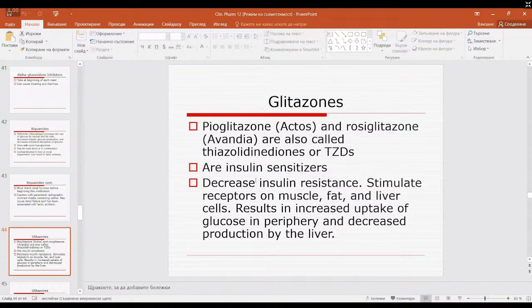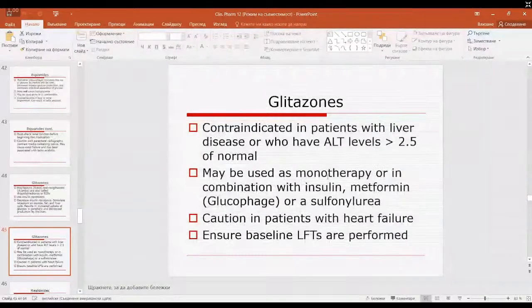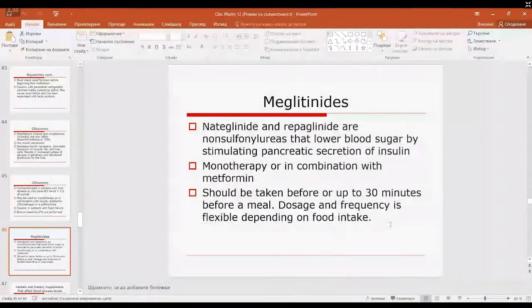So that's why they're relatively rarely used nowadays. But another thing to keep in mind about this class of drugs is that they're insulin sensitizers and they're not secretagogues. They're also contraindicated in liver failure. And also, we said about heart failure that you must not use them.